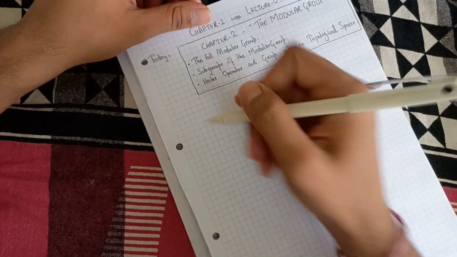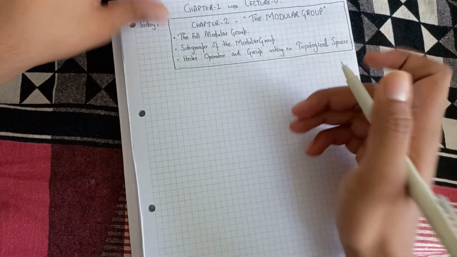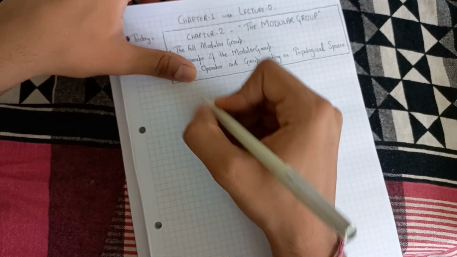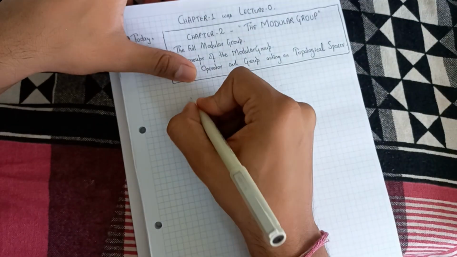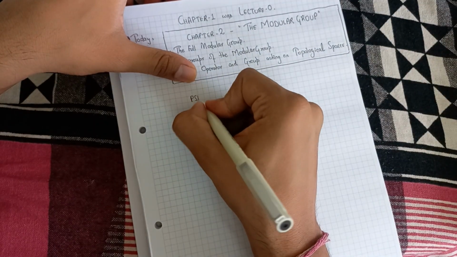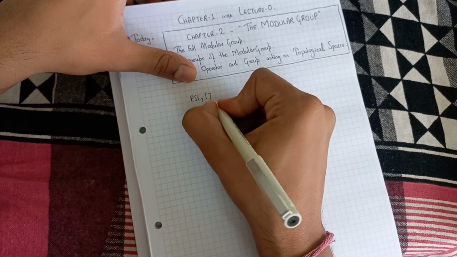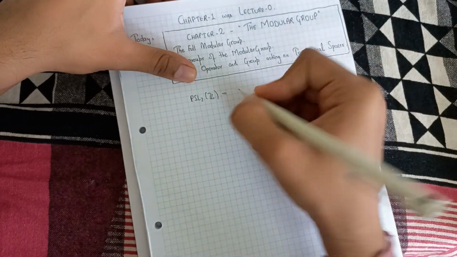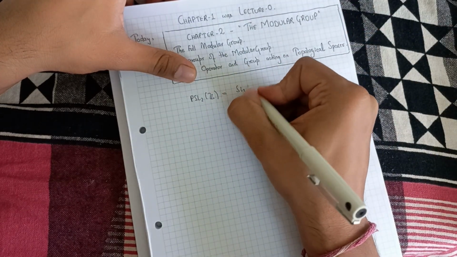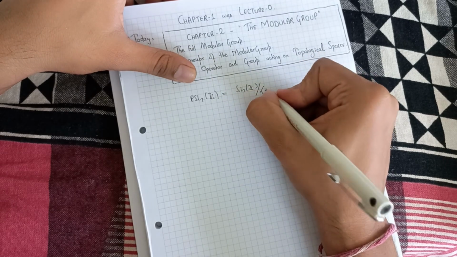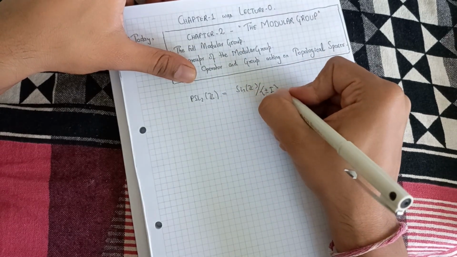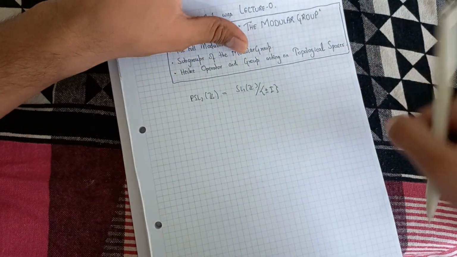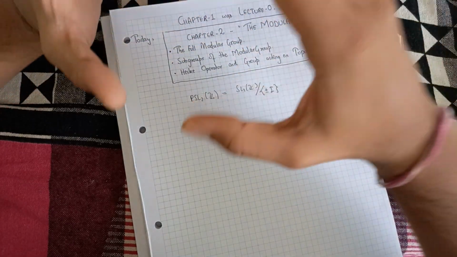Another way of seeing the modular group is from the projective linear group, where we take PSL, the projective special linear group, over Z, and it is actually defined to be SL2(Z) modulo plus minus identity.